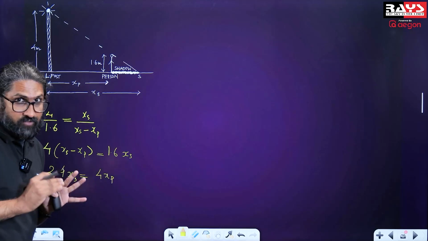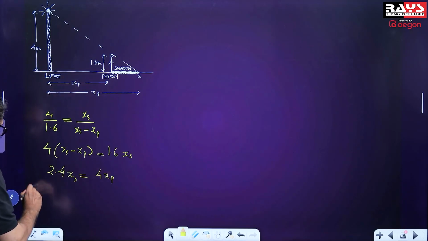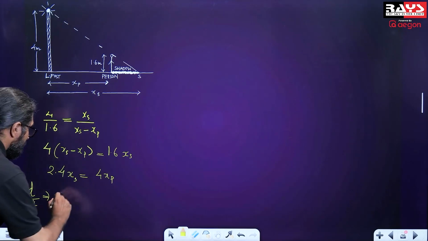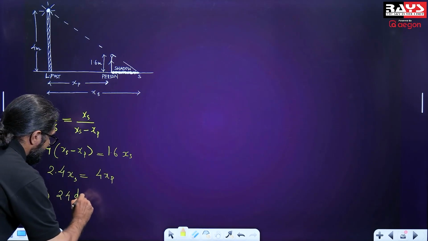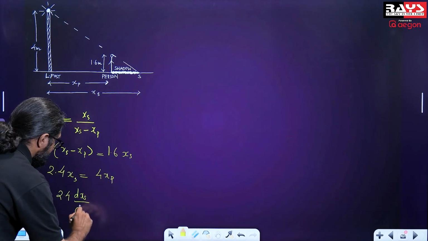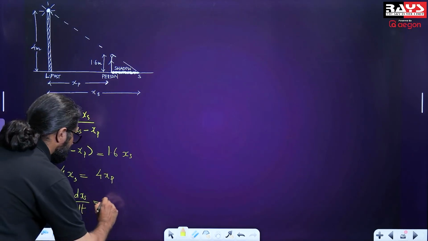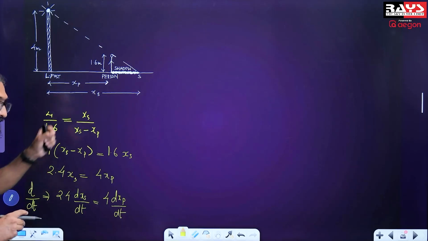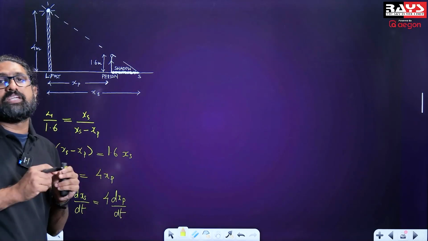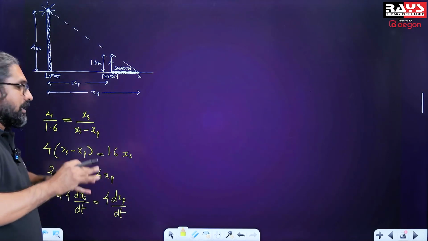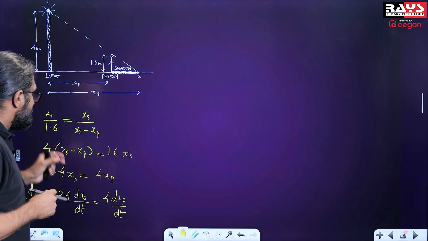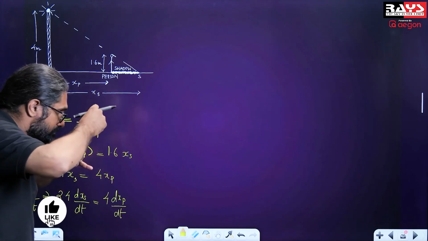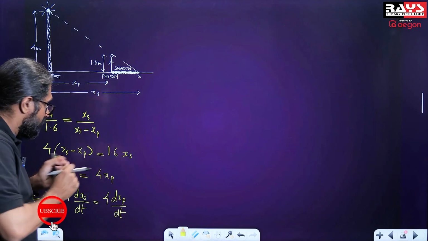On taking derivatives on both sides with respect to time, that is by doing d by dt on both the sides, I would then be left with 2.4 dxs by dt being equal to 4 times dxp by dt. Now, dxs by dt is the time rate of change of position of the tip of the shadow on the ground, and dxp by dt is the time rate of change of the position of the person with respect to the ground.